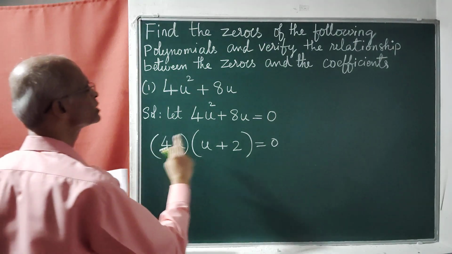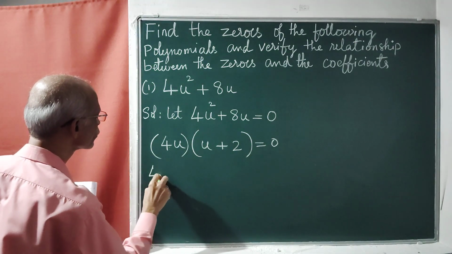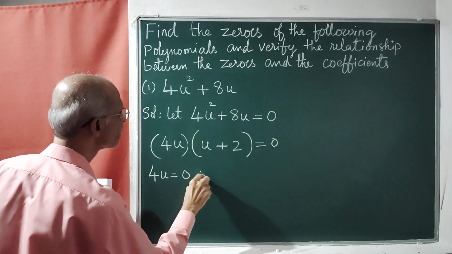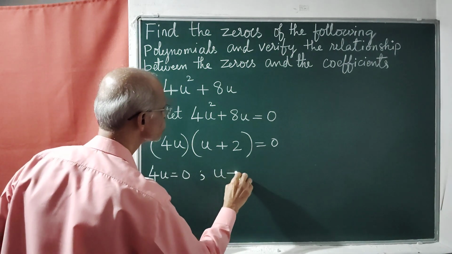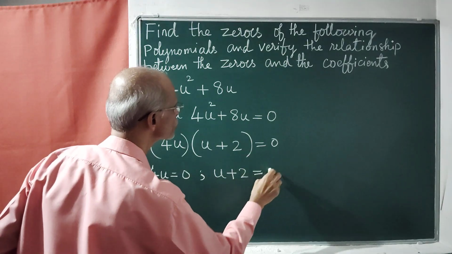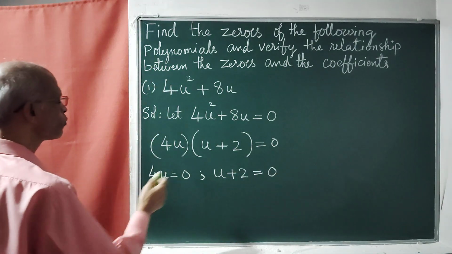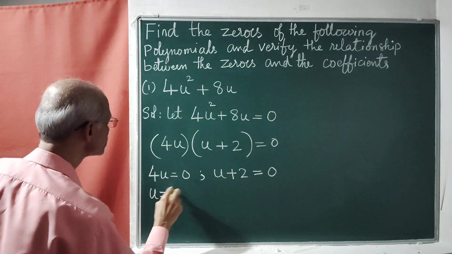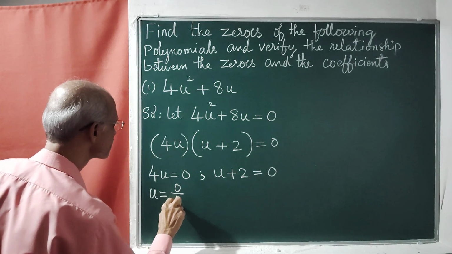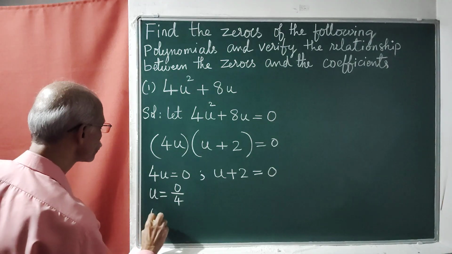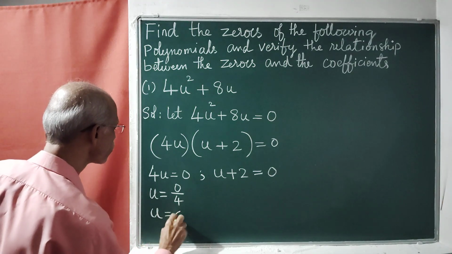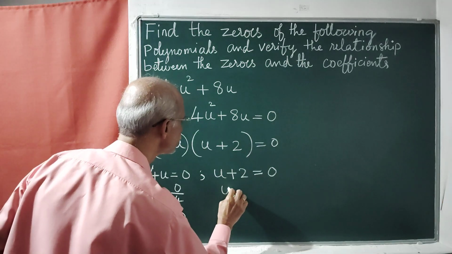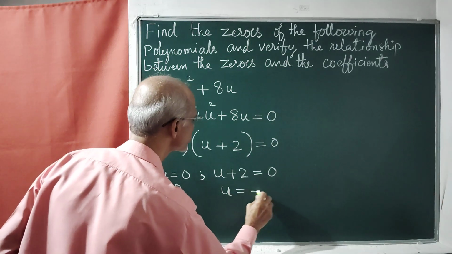I will equate each factor to 0. 4u is equal to 0, u plus 2 is equal to 0. Now if I solve, u will be equal to 0 by 4, so u will be equal to 0. And u is equal to minus 2.